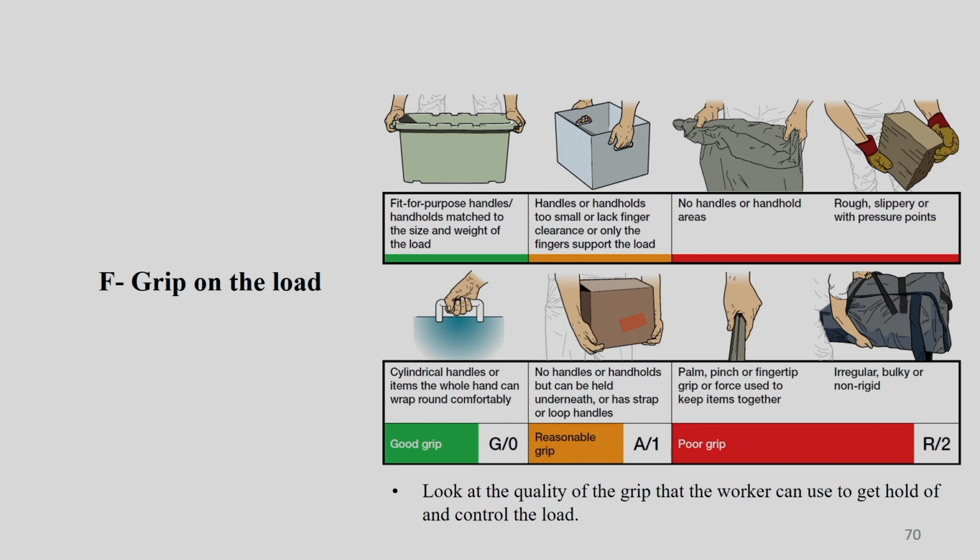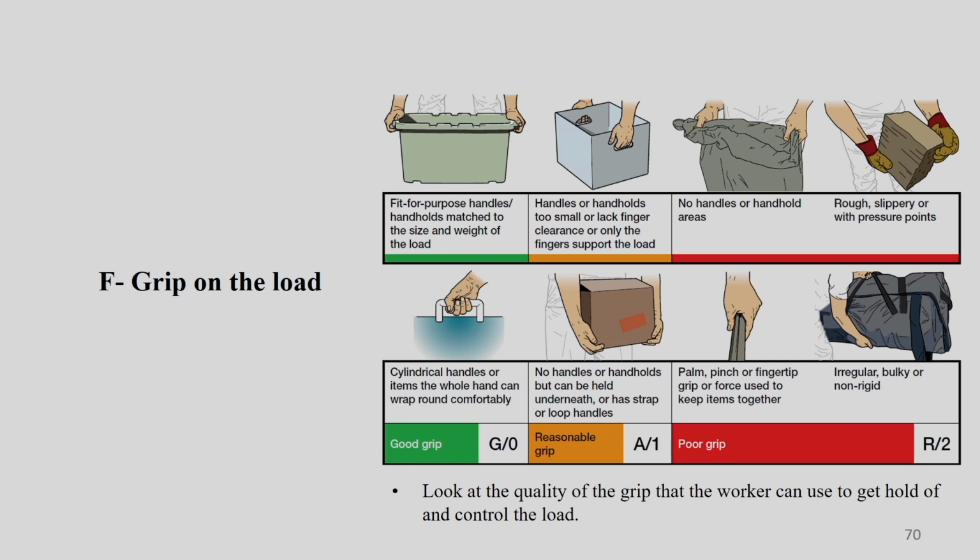So A1. The next part is poor grip: no handle or handhold areas, so nothing is there, and depending on your comfort you are holding it. Rough, slippery with no pressure points, because it's falling, it's very slippery, it is slipping from your palm. So you have to put more pressure.